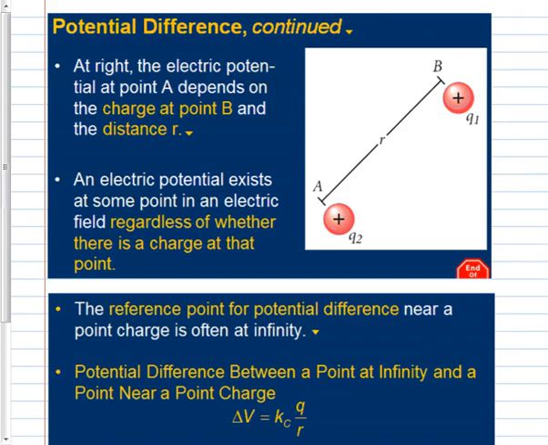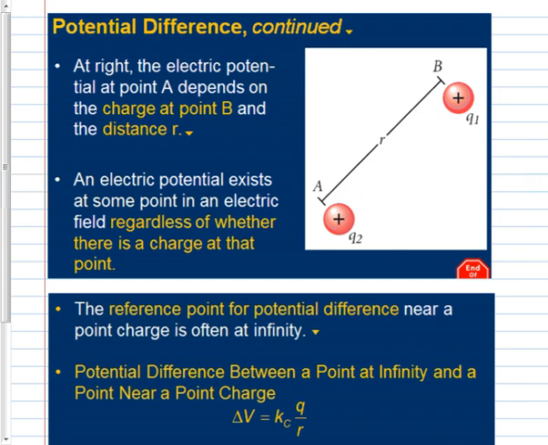Potential difference continued. So diagram on the right there, the electric potential at point A depends on two things: how strong my point B charge is and how far away I am from that charge. Electric potential exists at some point in an electric field regardless of whether there's a charge at that point.